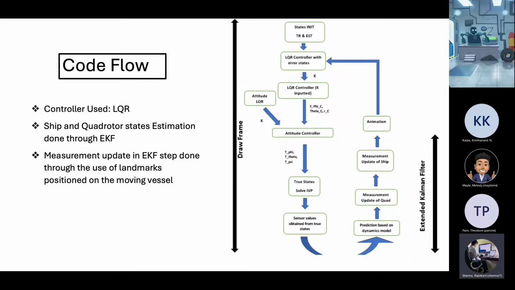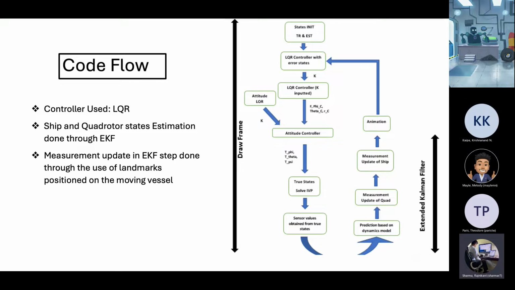That gain k is then inputted into the differential flatness-based controller. Sorry, I've written LQR here, but it's actually differential flatness. It's basically the inverse mapping technique we're using for the controller. From there, we get our force, our commanded roll, commanded pitch, and the yaw rate.